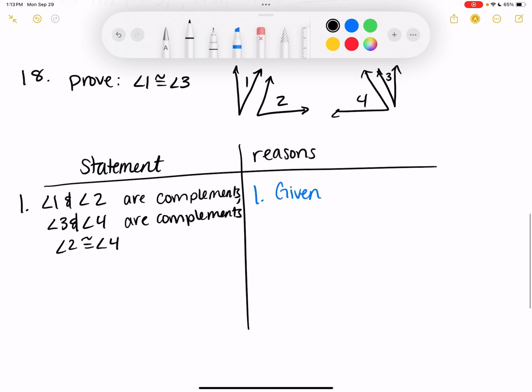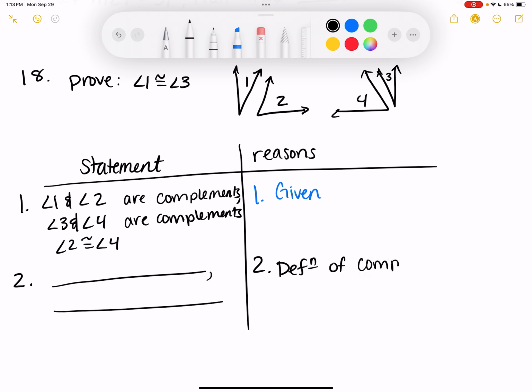Okay, so now step 2, they give me a blank and a comma and another blank. So that means there's 2 things being filled in here. The reason that they give for this is the definition of complementary angles. I'm just going to work my way down. So what would go here? Complementary angles, not equal by congruent, degrees.